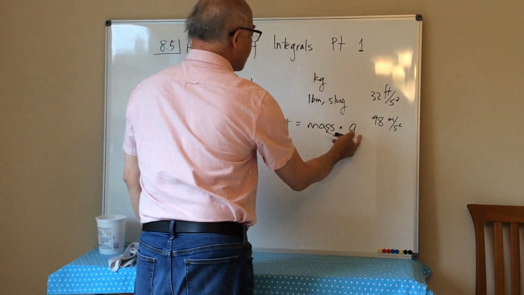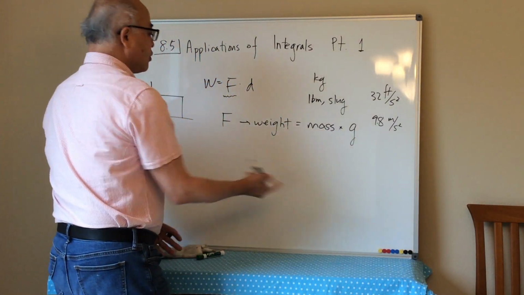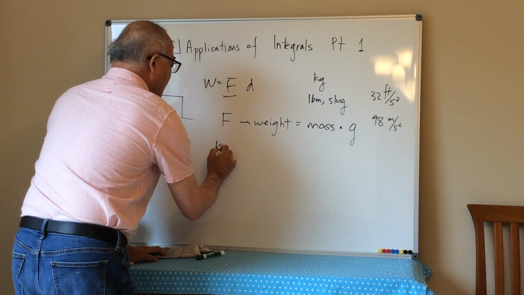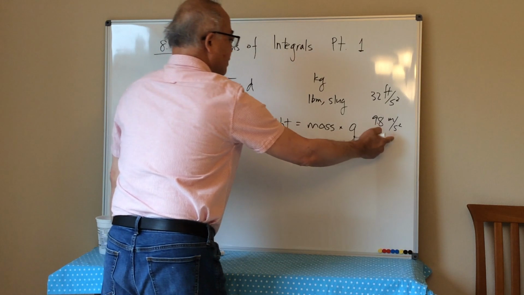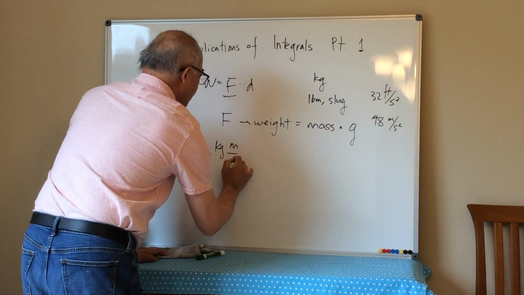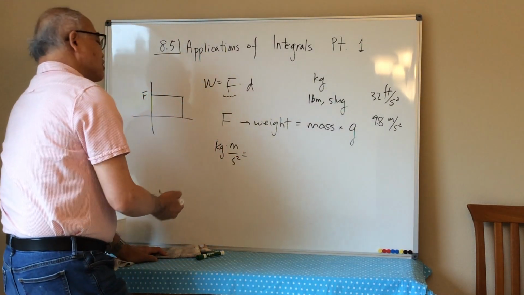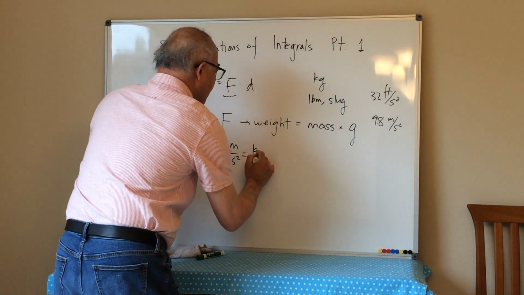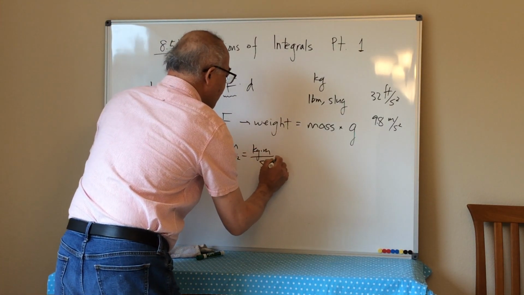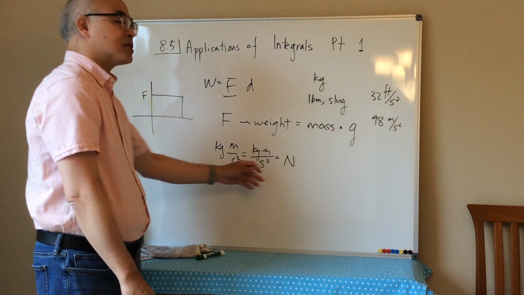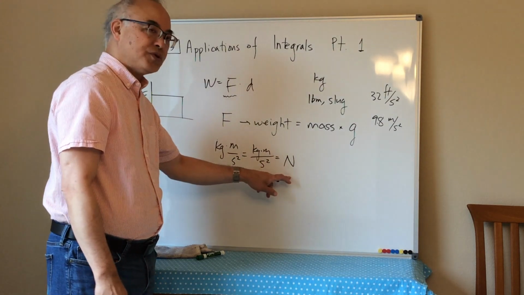Force is mass times this, so the unit for force is going to be kilogram times meter per second squared, what we call a Newton. So in the SI units, the force is going to be in newtons.